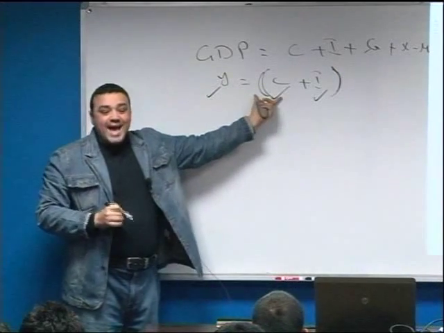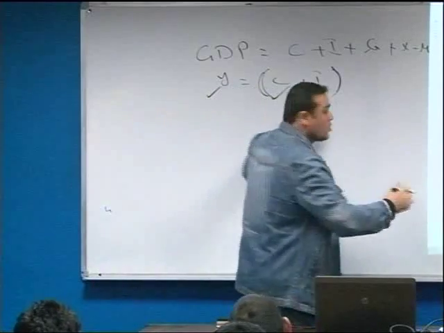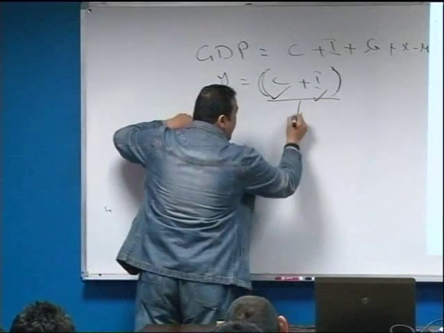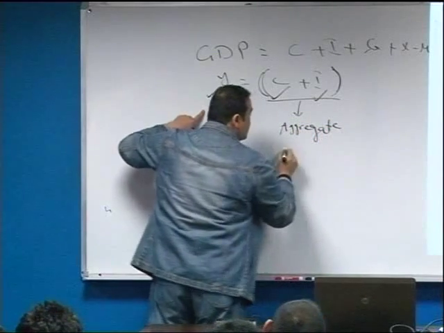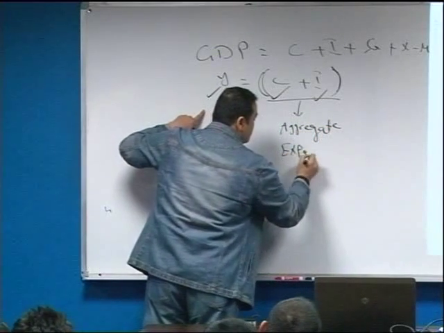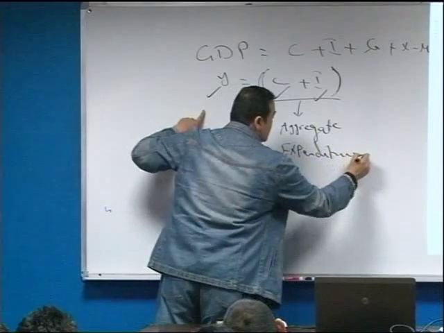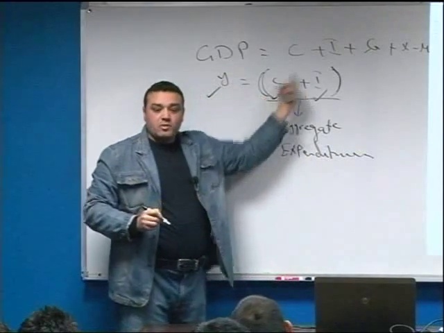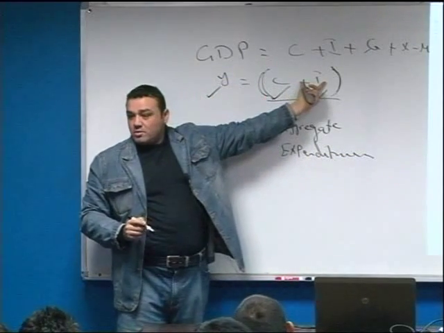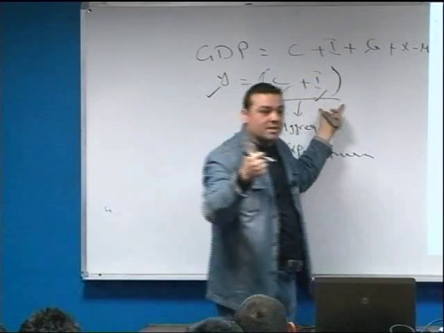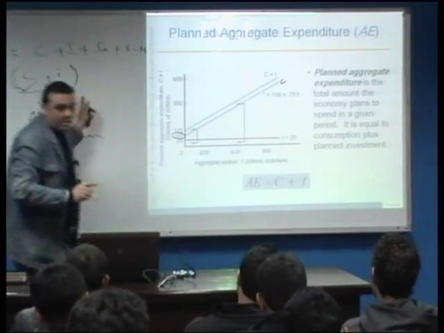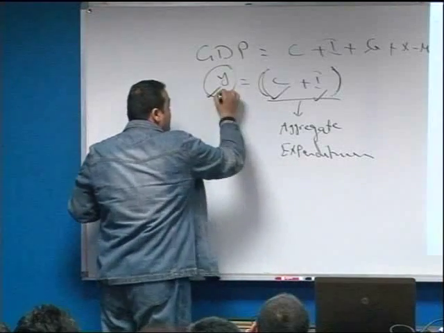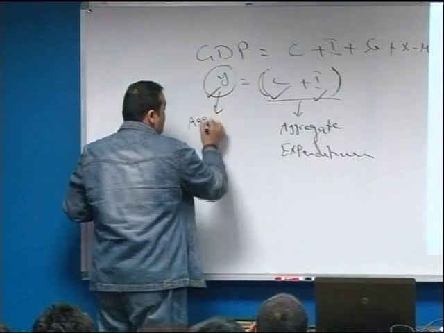Or this is the aggregate expenditure. So C plus I is the aggregate expenditure for the household sector and the business sector, when there is no government and no relation with other countries, a closed economy. And Y is the aggregate supply or aggregate output.